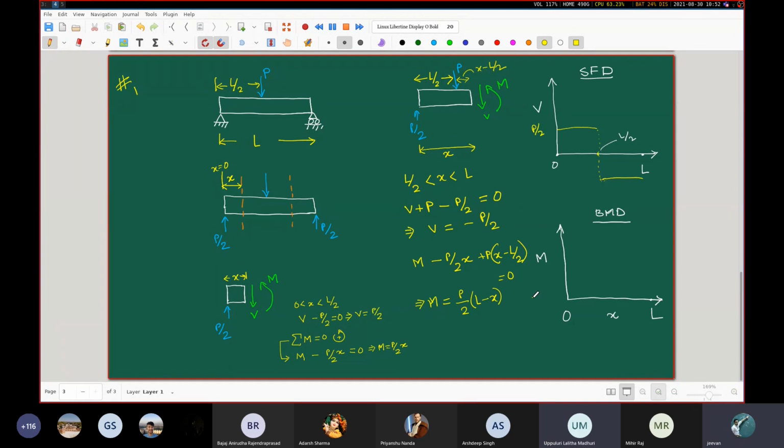No, I am not taking x to be 0 after P. X is always 0 at the left end here. I was just confused by this distances part, sir. As x is lying between L by 2 to L, I'm thinking we have to take x from P, but you have taken it from the leftmost end. I think we are maybe talking at cross purposes. You think about it a little bit.